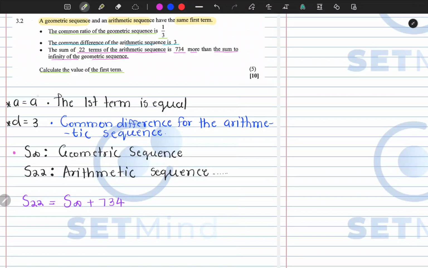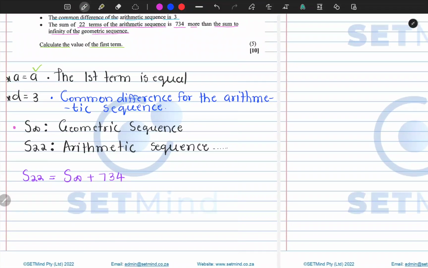So the first term, we know that it is a. The first thing we need to do is to quickly write the sum to infinity for the geometric series. The equation is always given by a divided by 1 minus r. Our a is unknown, so we'll leave it as it is.